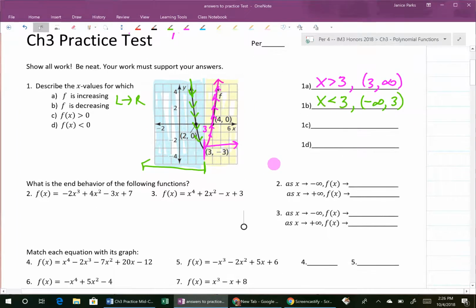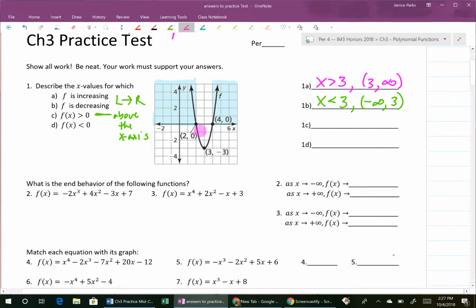For the next portion, where f of x is greater than 0, that means above the x-axis. Once it hits here, it's above the x-axis over here, and the graph is above the x-axis over here.